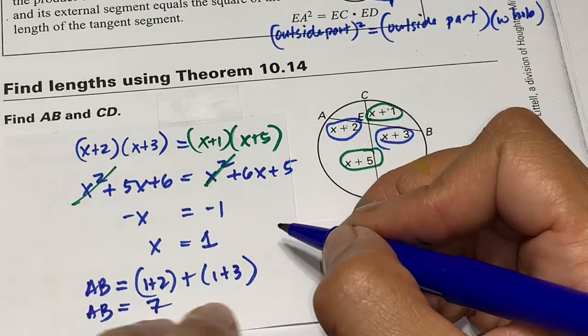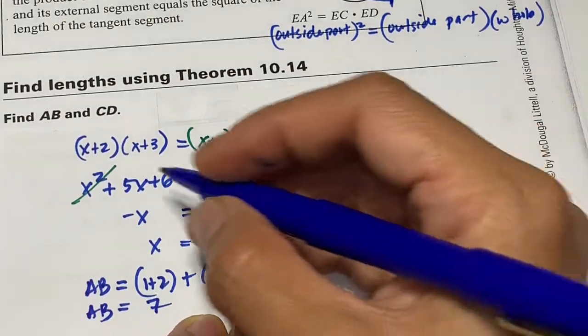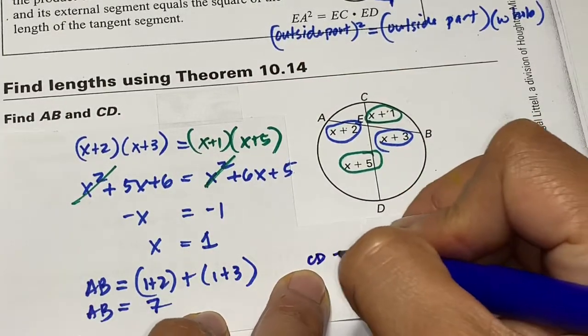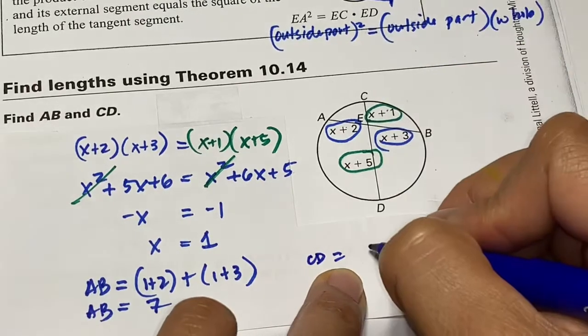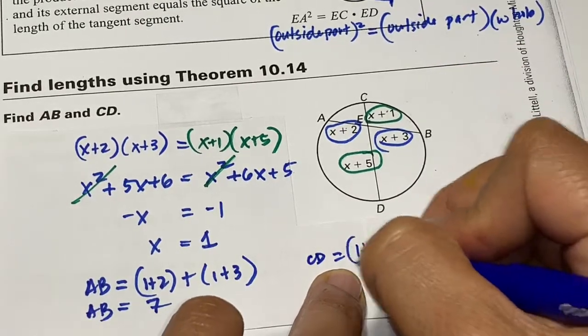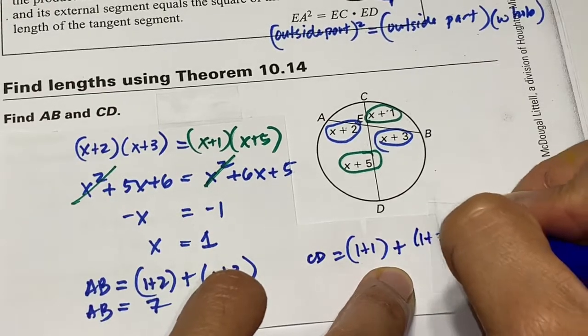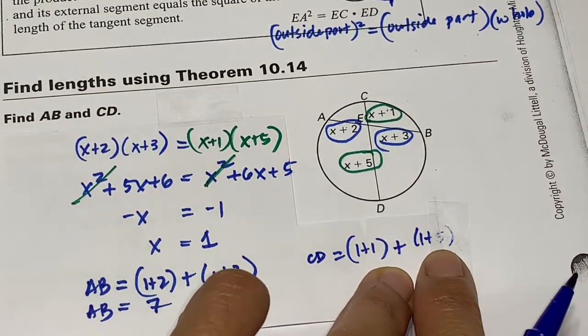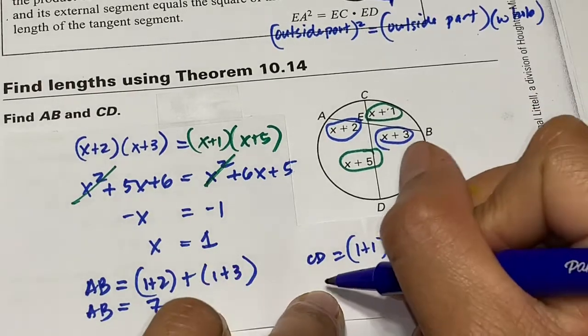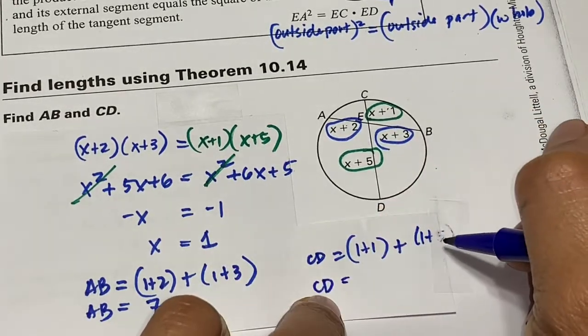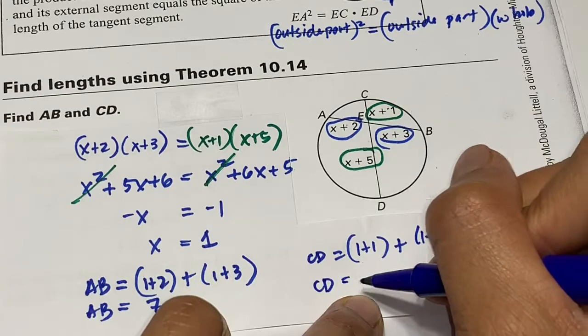And then next one, find CD. CD is this one, x plus 1. So 1 plus 1 plus 1 plus 5. Oh, I taped it so you cannot see it, but that's a 5. So therefore CD equals 2 plus 6, that's 8.